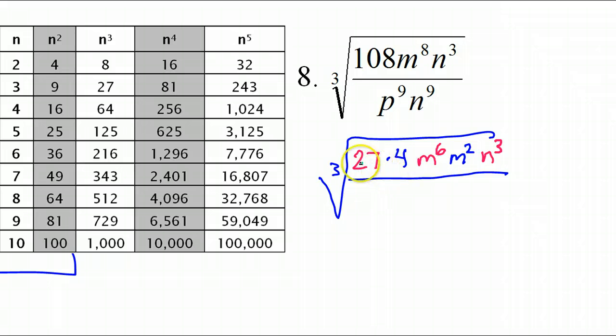You can make one color for the things that will simplify. Be like me. Both of these are already divisible by 3, so I can make p to the 9th power and n to the 9th power. I will make them pink. So everything shown here in pink is going to simplify and come out of the radical.